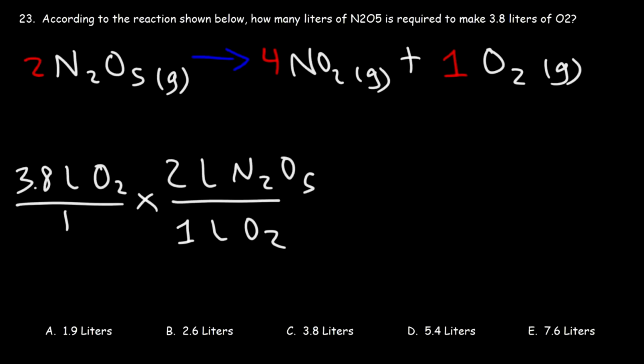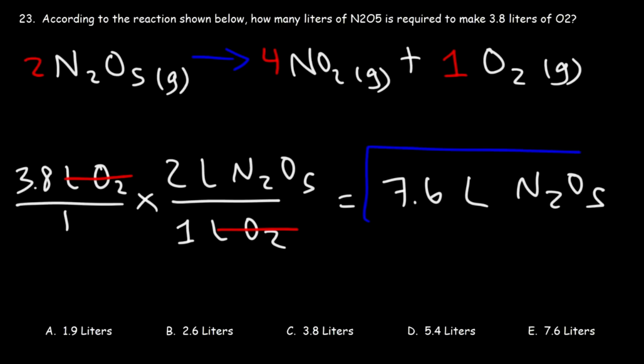When dealing with gases, the volume in liters is proportional to the moles. And so that's why we can do a liter-to-liter conversion for gases only. Now we need to set it up in such a way that the unit liters of O2 will cancel. And so it's going to be 3.8 times 2, which is 7.6 liters of N2O5. So this is the answer.